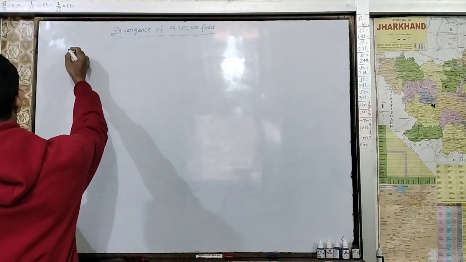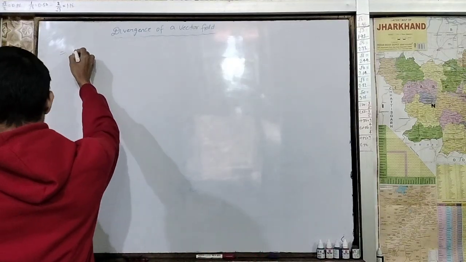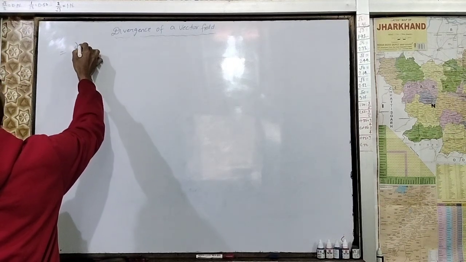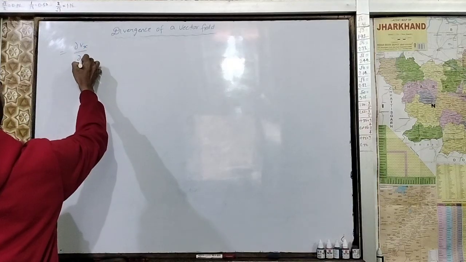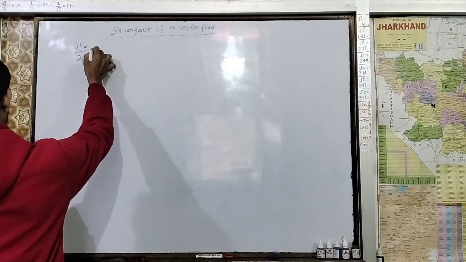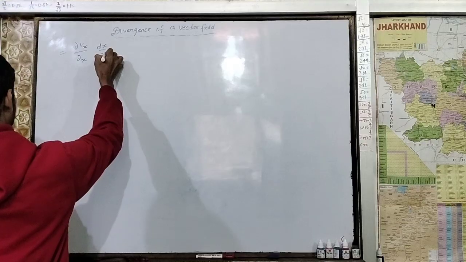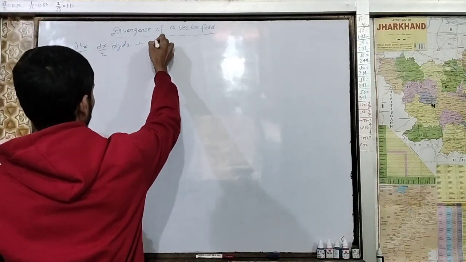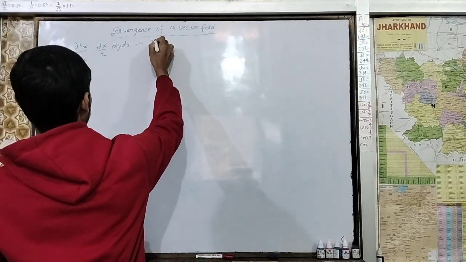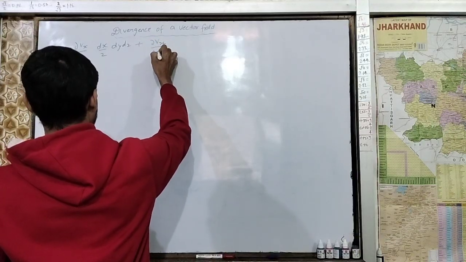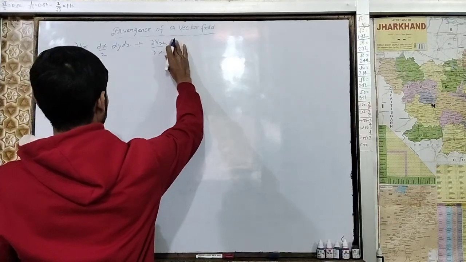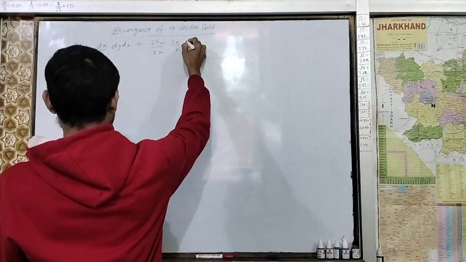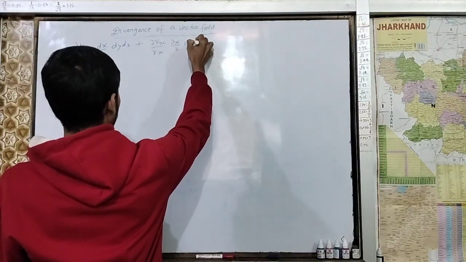So after simplifying, we will get dvx upon dx upon 2 dy dz plus dvx upon dx upon 2 dy dz.